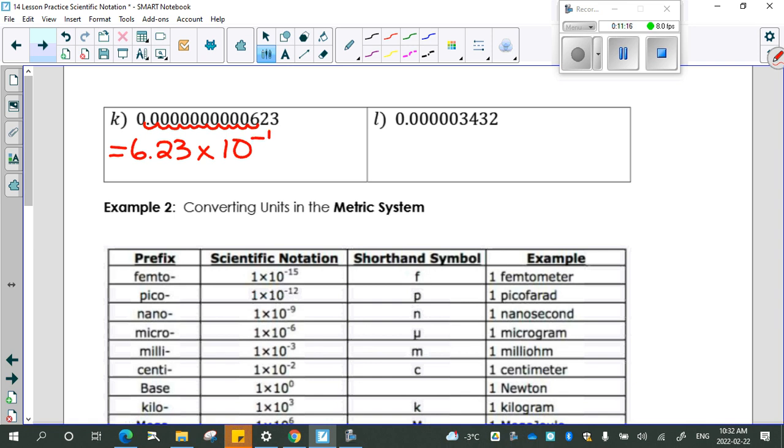Negative 11, good. Just remember when it's a really small number, it's times 10 to the negative something. When it's a really big number, it's times 10 to the positive something. Okay?